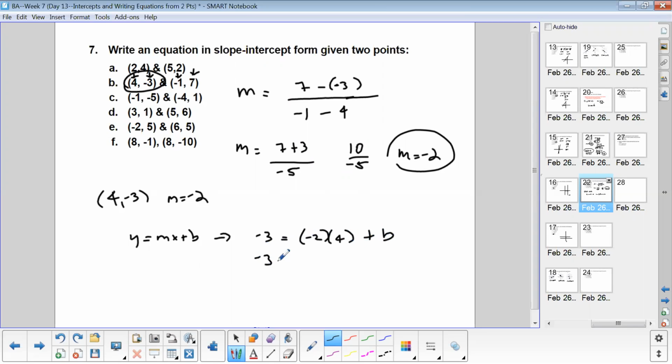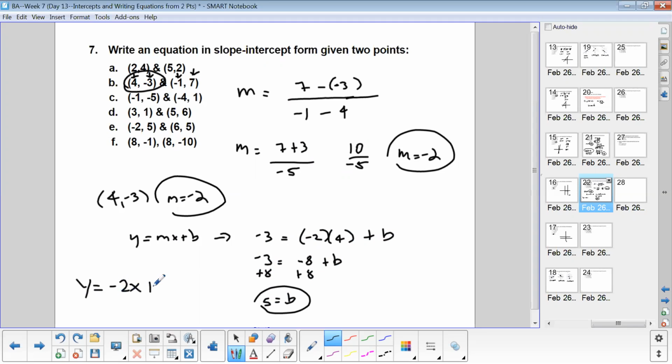So -3 is equal to -8 plus b. So if I add 8, I get 5 is equal to the intercept, and I know the slope. So you write your equation as y equals -2x plus 5.